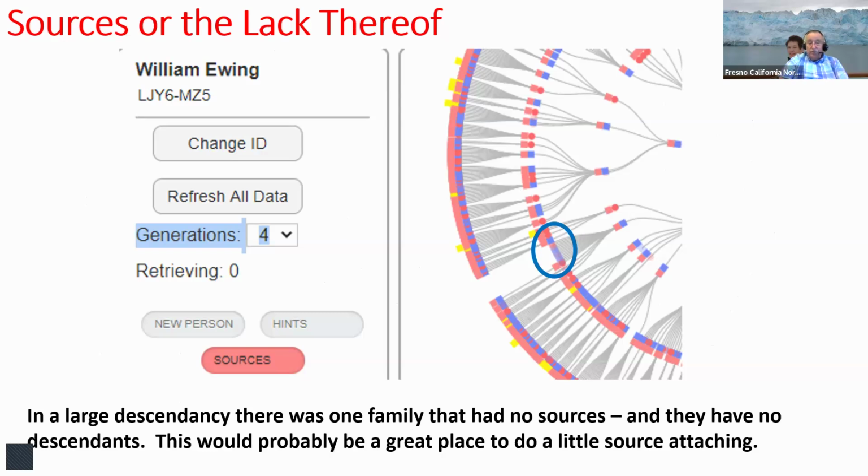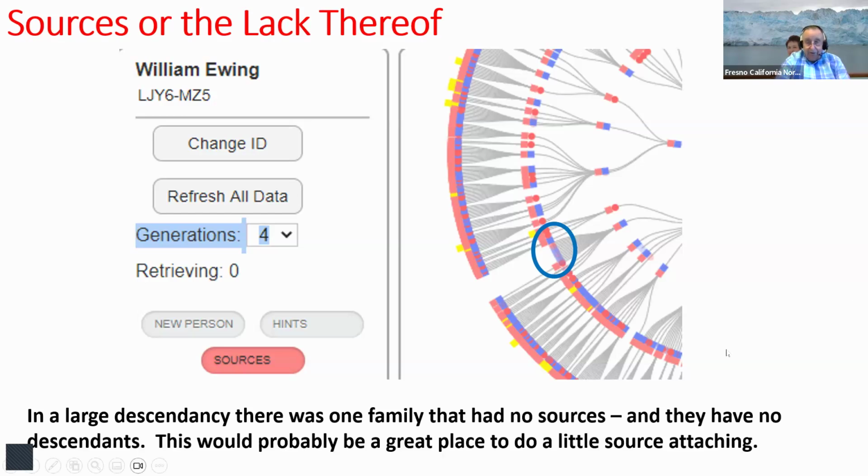Now, another one is sources. Actually, most people in tree probably have sources, or I can at least say many people in tree have sources. And so the way I use it is a negative search. I'll search for sources, and then I'll look for people that don't have sources.